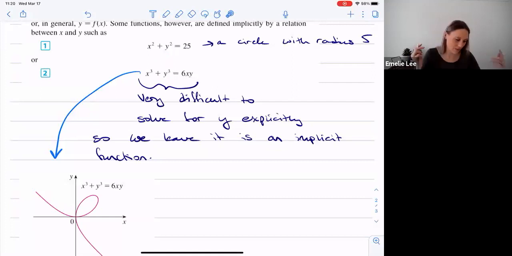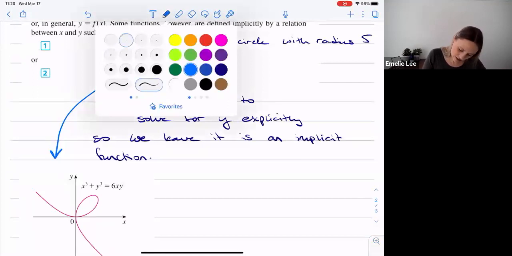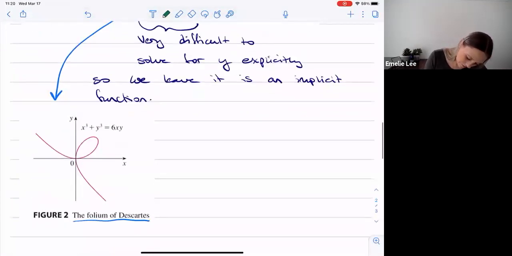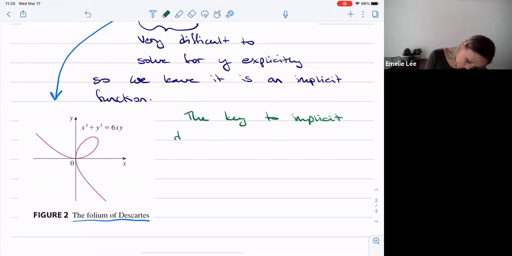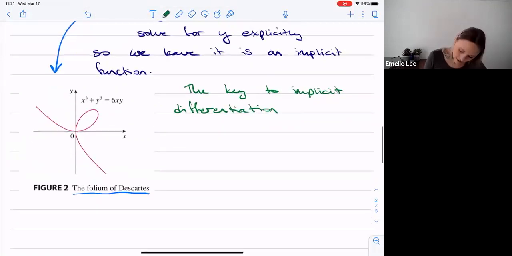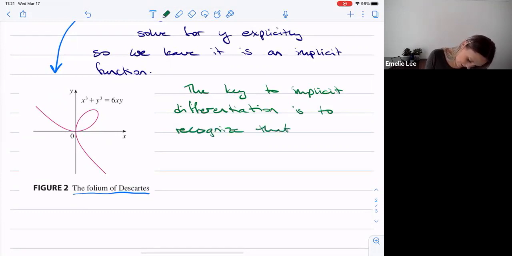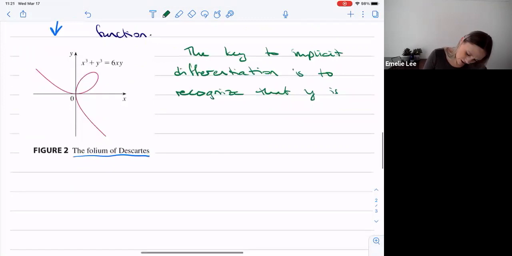And so flashback to last day, the key to implicit differentiation is to recognize that y is a function of x.